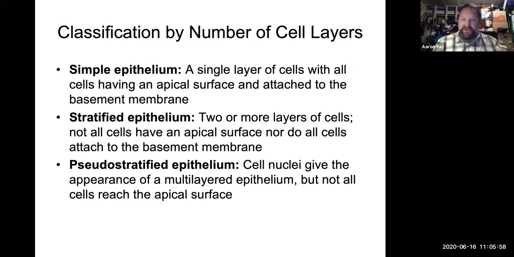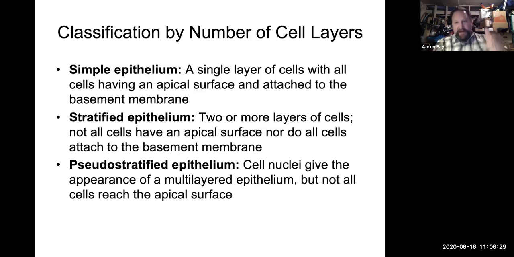A stratified epithelium, stratified meaning layers, has two or more layers of cells. So not all the cells will reach the apical surface, and not all the cells will reach the basal surface. Only the bottom layer will touch the basement membrane. Only the top layer is going to touch the apical surface. You clearly have one stack, another stack, another stack.